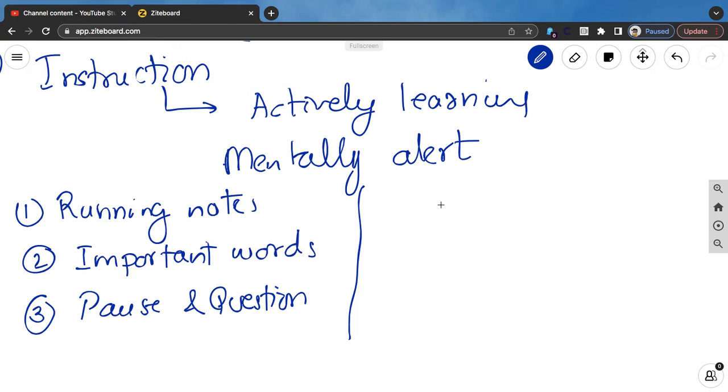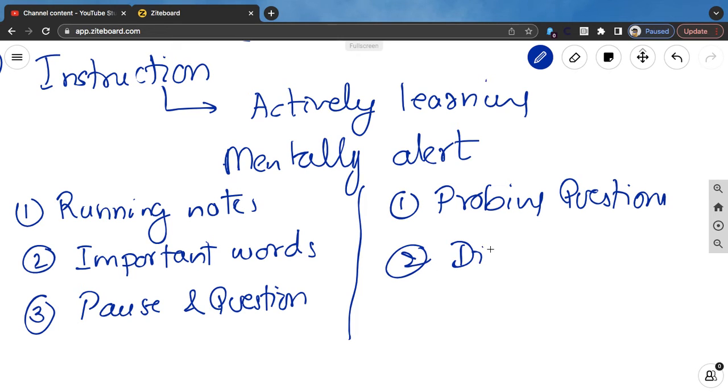The other way of making them actively learn is when you give them probing questions and set them to discussion mode. So say, for example, you're teaching a civics topic on the system of voting. You don't want to directly start doing all the explanation on your own, because a lot of things students may already be knowing.